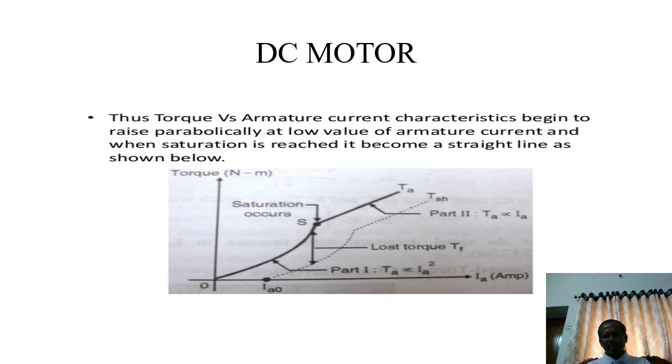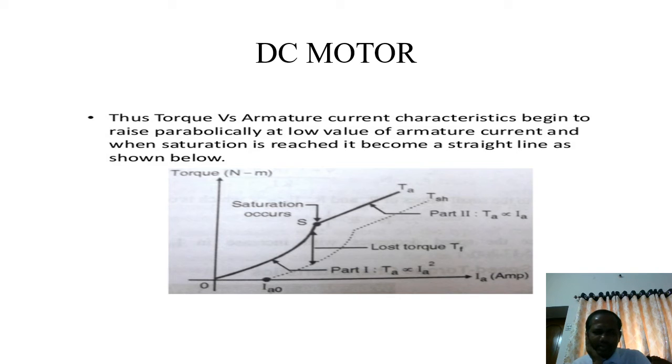So we are observing the characteristics of torque versus armature current, which is drawn parabolic at low values of armature current. When saturation is reached, it becomes a straight line as shown below.